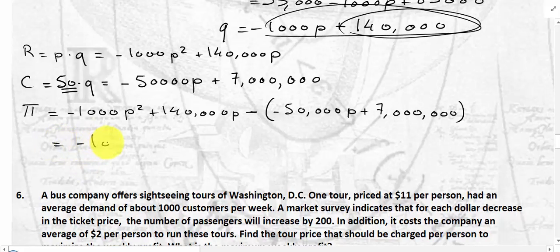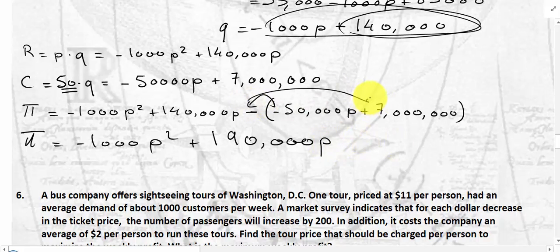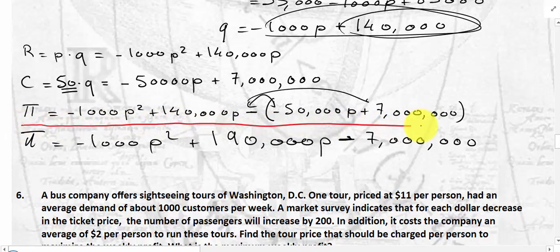This is negative 1,000 P squared. So this is a plus 50 and 140, 190,000 P right here. And then minus 7 million. Here we go. This is my model. This is the profit equation.